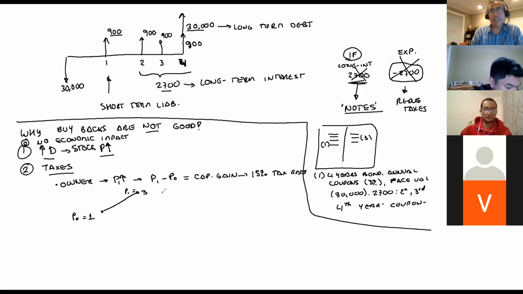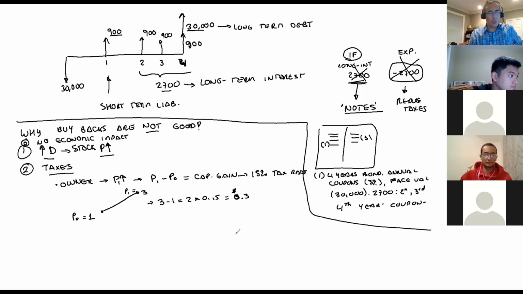My capital gain is going to be 3 minus 1 equals 2, and my tax is going to be 15% of this, so 0.3. So this is my tax, correct? Guys, you agree? Yes.